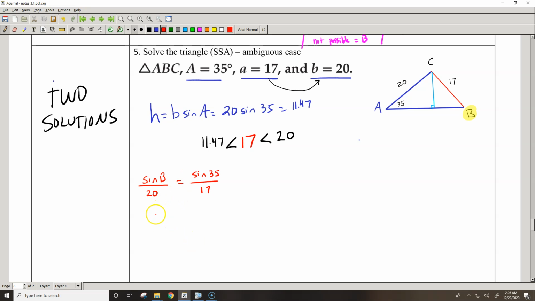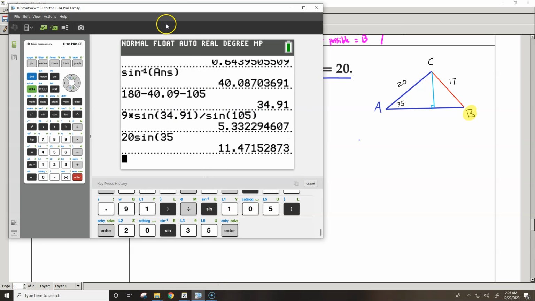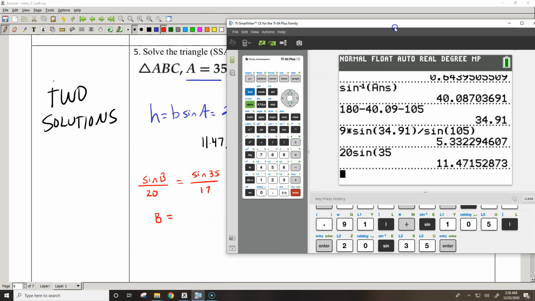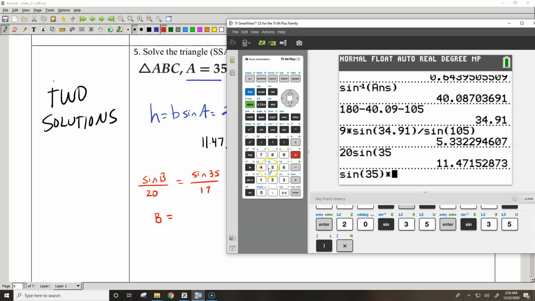And I'm just going to go ahead and cut right to the answer here. So B is going to equal, you're going to take an inverse sine, and you would have to multiply by 20 on the other side of the equation. Okay, so I'm going to do it all in my calculator here. I'm going to say the sine of 35, times 20, divided by 17. So all on that side.